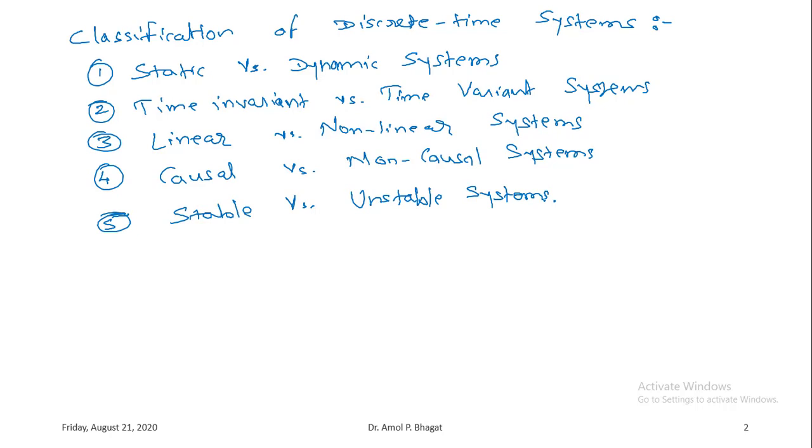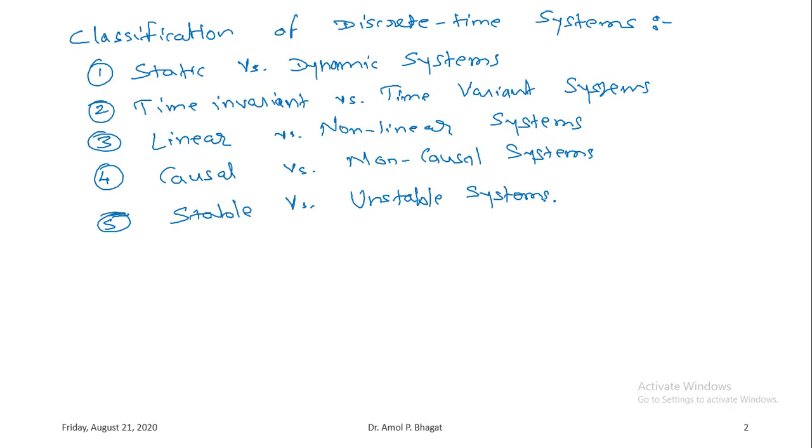So the discrete systems can be classified into any one of these categories, that is, it may possess some of these characteristics, such as it may be static, it may be dynamic, it may be time variant or invariant, or it may be linear or non-linear, it may be causal or non-causal, it may be stable or unstable. Right?